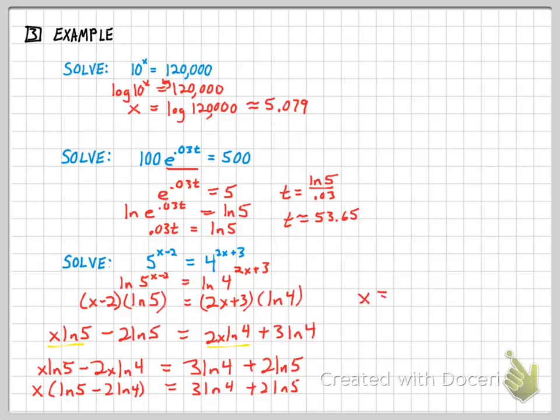So my answer for this problem would be 3 log 4 plus 2 log 5 divided by log 5 minus 2 log 4. Okay? You can leave your answer like that. There's some properties you could use if you wanted to clean that up. Most of the time you're probably going to evaluate that on your calculator, and get your final answer. It gets a little complicated there when you have exponential expressions on both sides of the equation, but you can see that idea of logging both sides works.